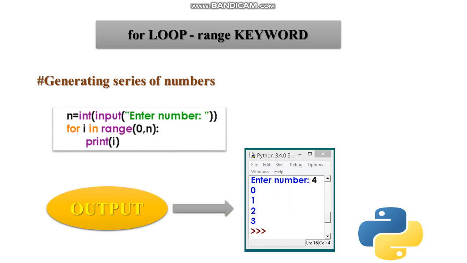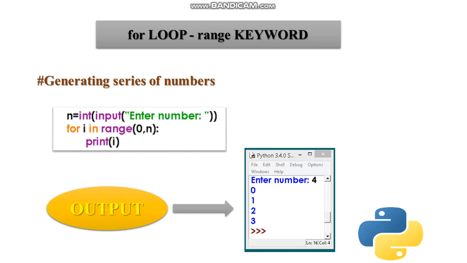Generating a series of numbers: I'm taking input from the user, enter the number, and I'm storing it in variable n. I'm iterating by using a for loop, for i in range(0, n): print i.